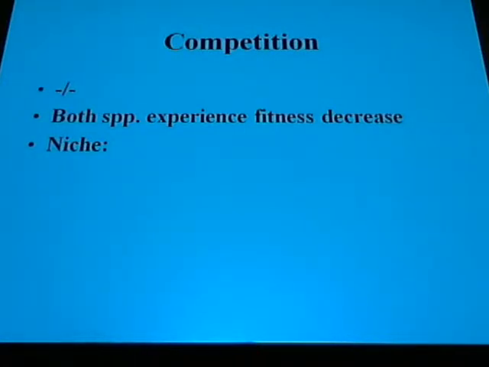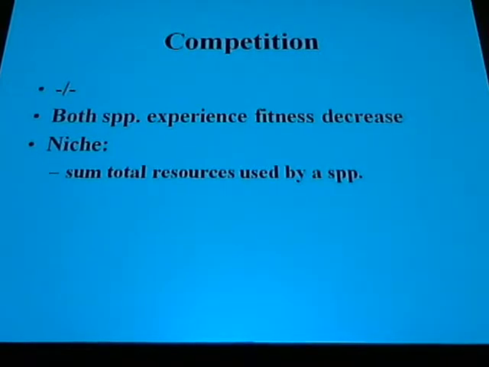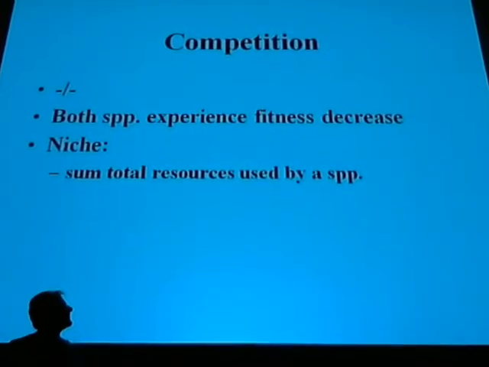So a lot of what we understand about this concept of niche comes from work looking at interspecific competition. And what is a niche? It's basically the sum total of resources used by a species. Actually, that's an incorrect usage, not by a species, that's plural. So I should just write it down. Lesson learned.